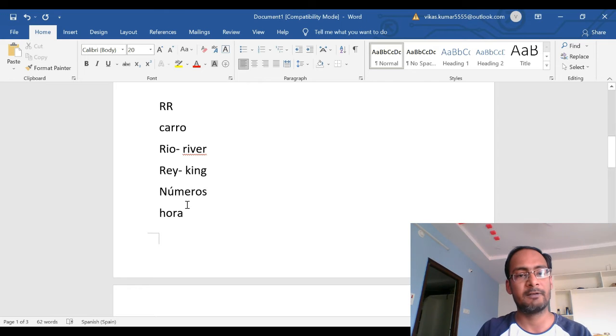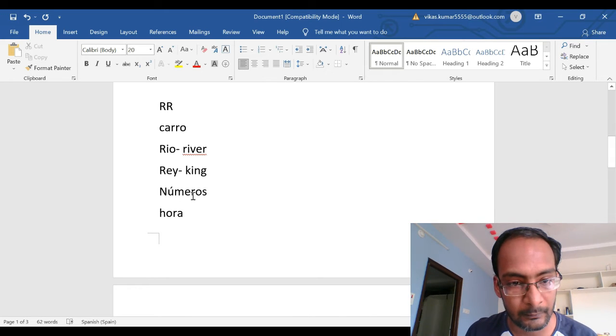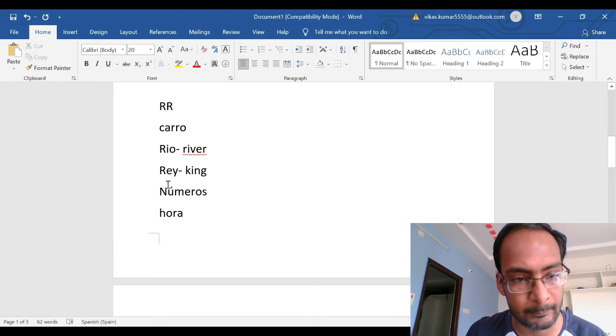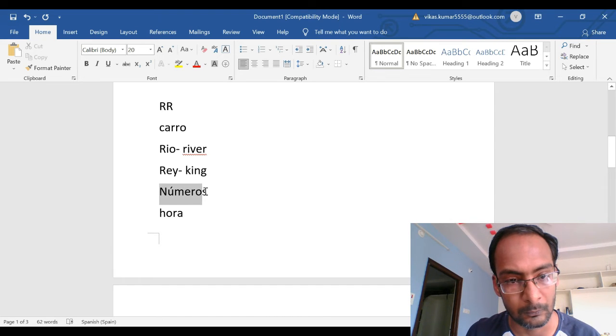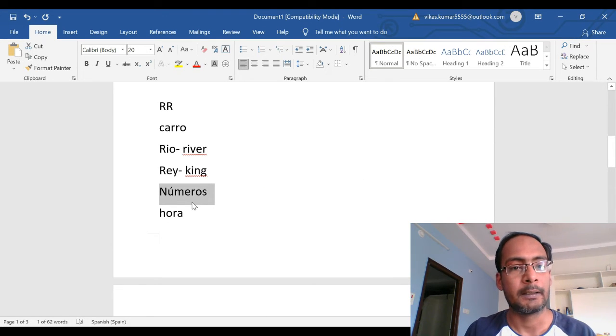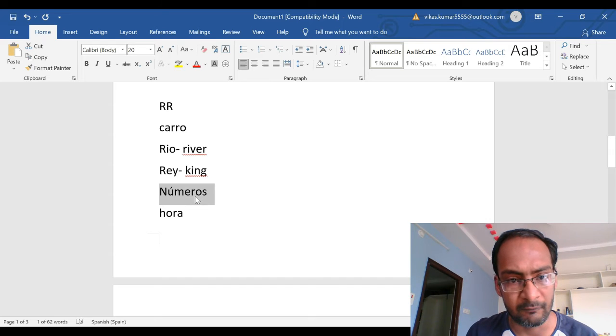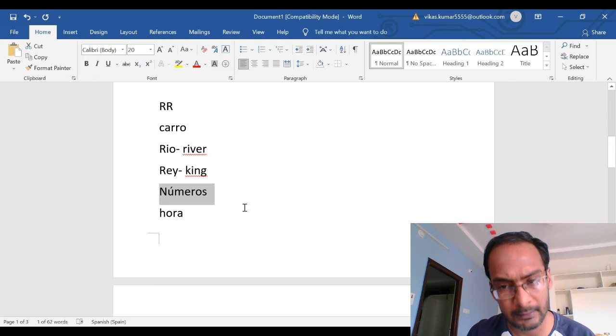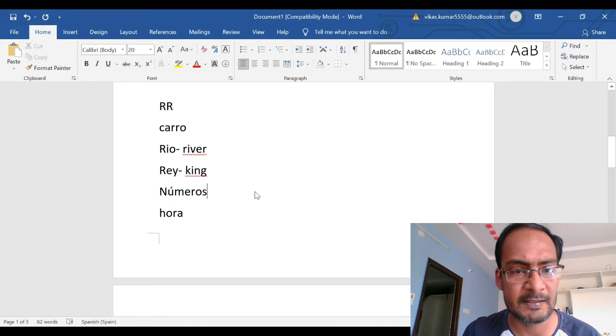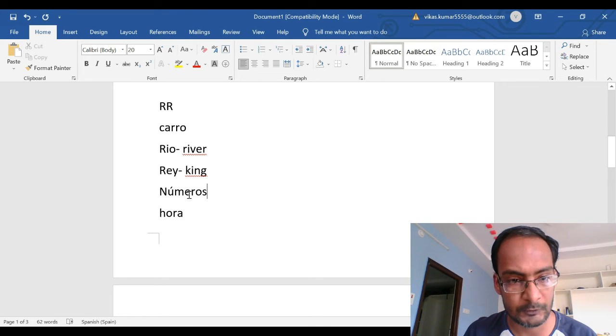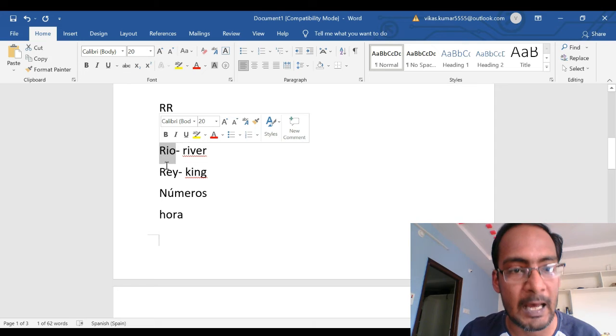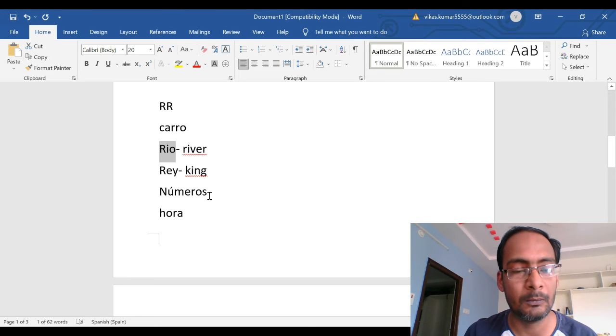But whenever this R comes in between or at the end of the word, for example, in this word numero, numeros, this R is pronounced the same as in English, numeros, hora. But if the word starts with R, you pronounce it as Rio.